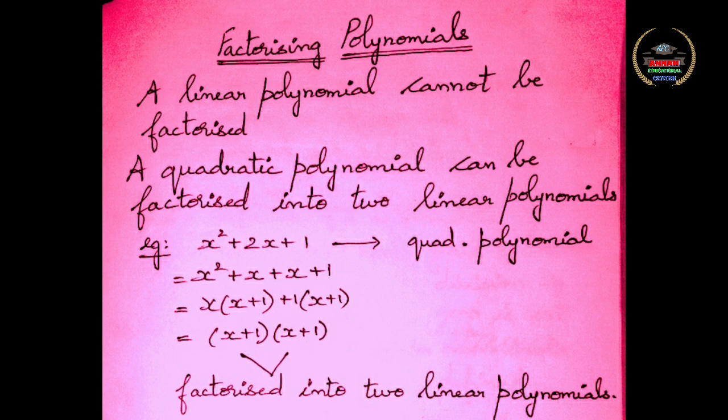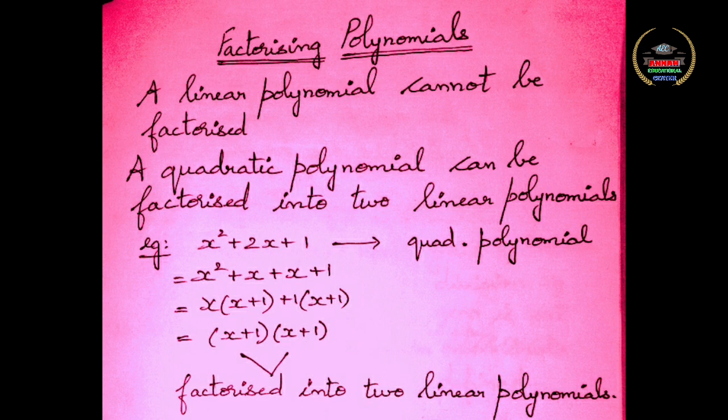So the first level of polynomial which can be factorized is the quadratic polynomial. A quadratic polynomial can be factorized into two linear polynomials. That is, it can be written as a multiple of two linear polynomials.